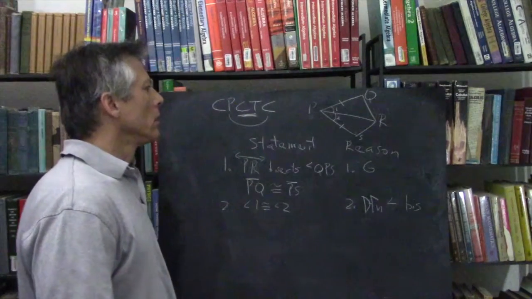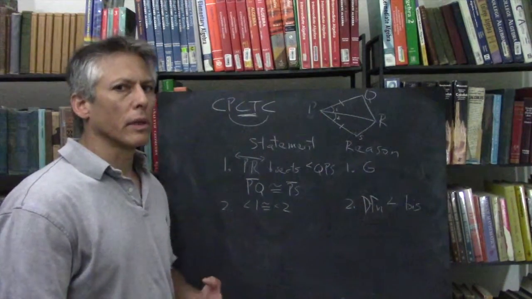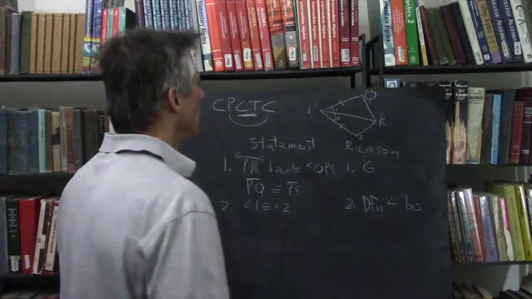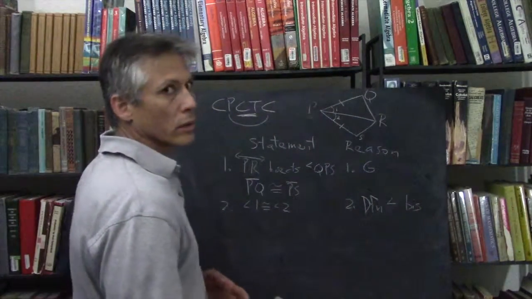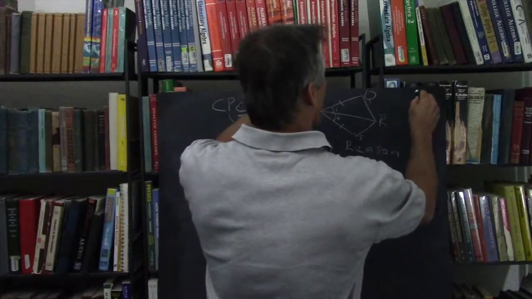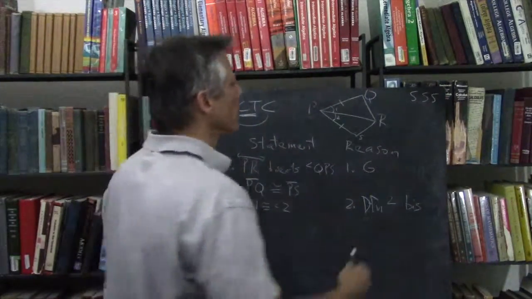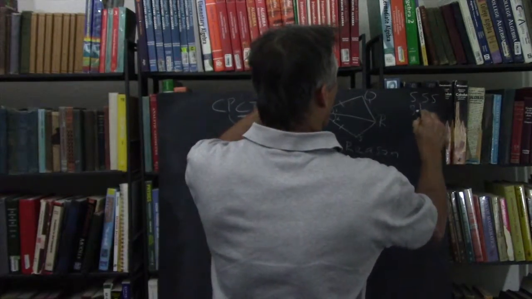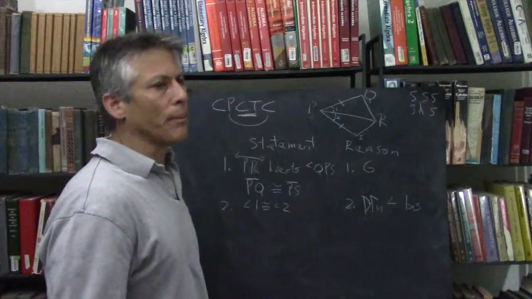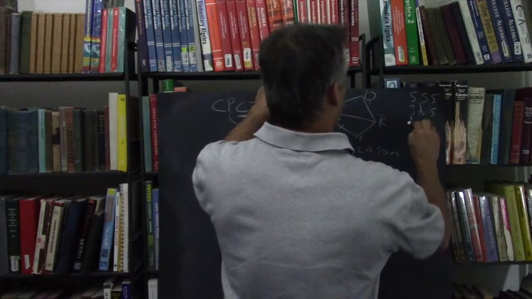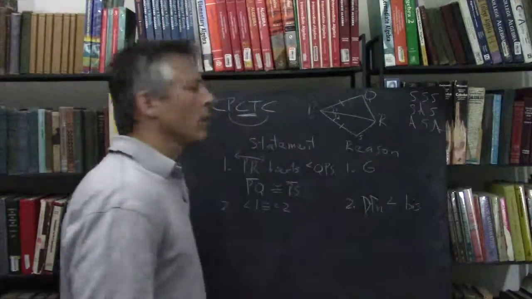Now we've got several theorems to show triangles are congruent. Remember, we can choose from the side-side-side theorem, which we've already proven, the side-angle-side theorem, or the angle-side-angle theorem.